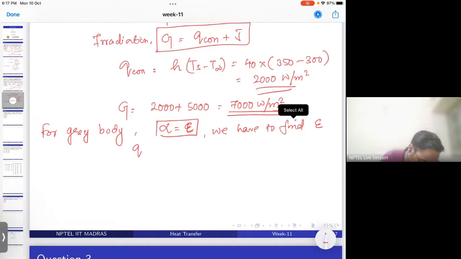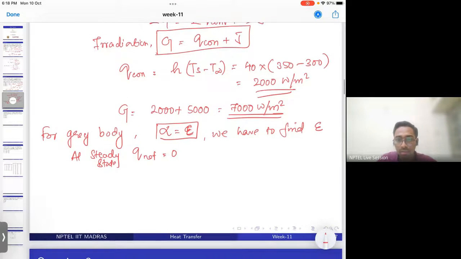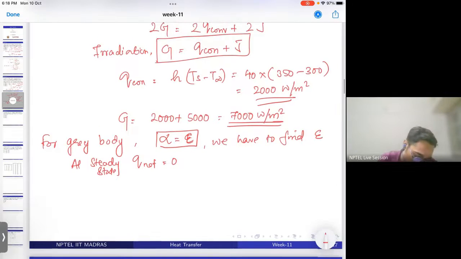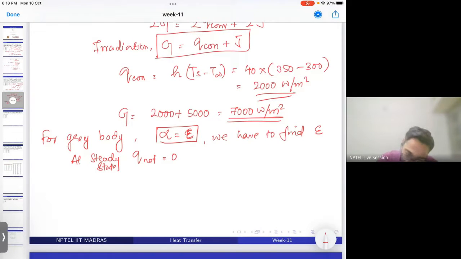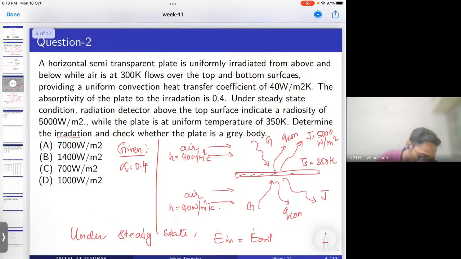At steady state conditions, Q net should be 0. That is, there is no net heat flux that the body should have. It is given as a semi-transparent body.